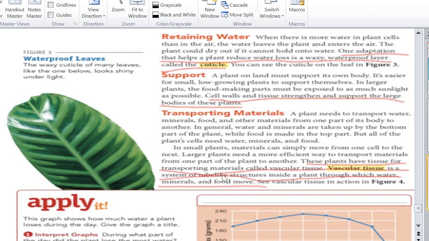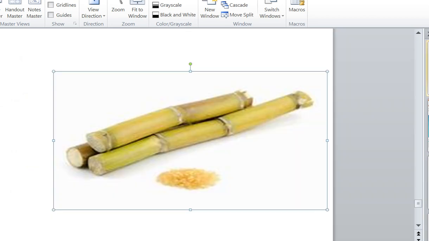These plants have tissue for transporting materials called vascular tissue. Vascular vessels. Does this remind you of blood vessels in your body? Vascular tissue is a system of tube-like structures inside a plant through which water, minerals, and food move.